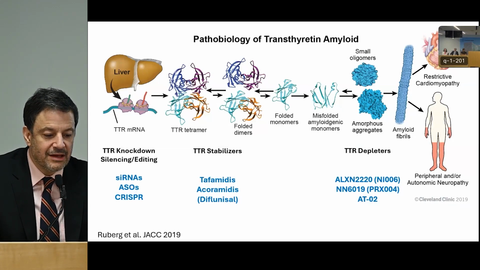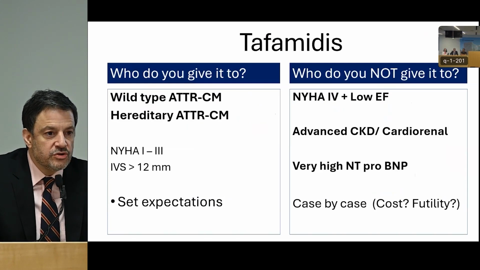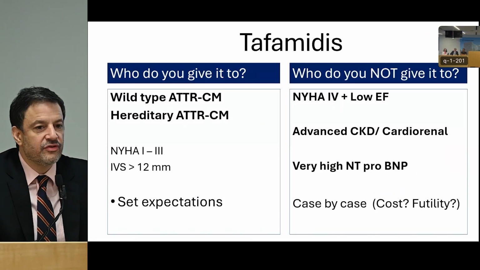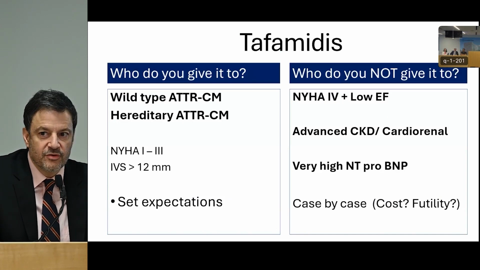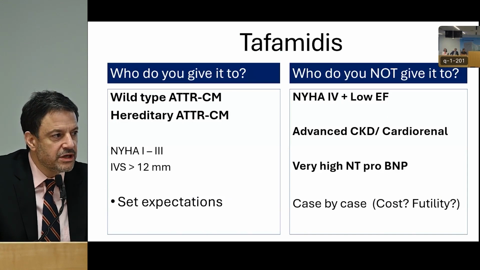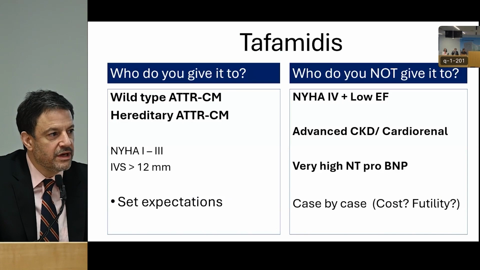It's an oral drug that stabilizes the tetramer and is meant to slow down the progression, best case scenario, stabilize the patient. So when you're sitting there and telling them about the diagnosis, you say, this is a medication that's been FDA approved since May of 2019, and you have to have the conversation that this likely will slow down your condition, best case scenario, stabilize it, but it's not going to reverse what's already there.